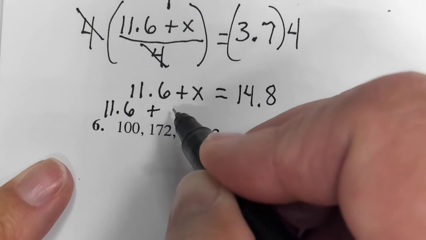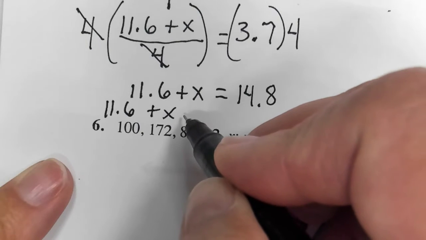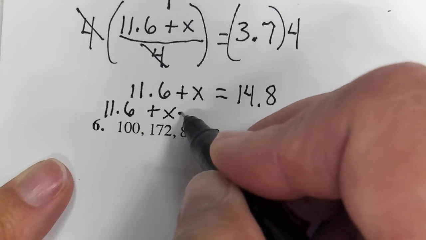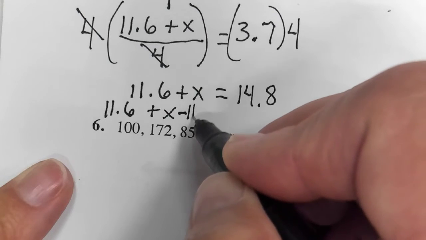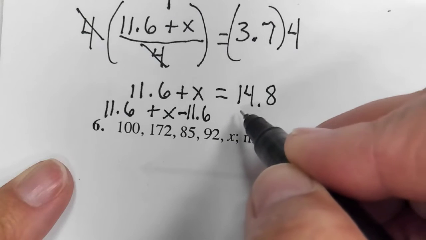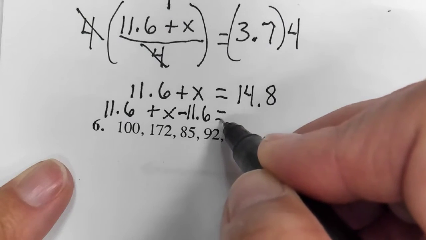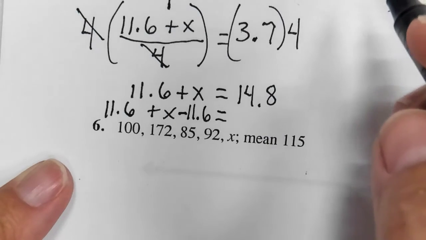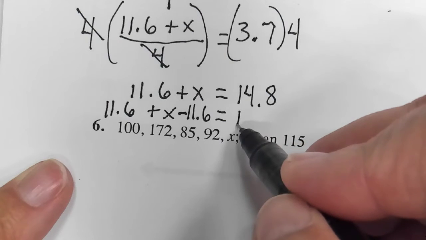And then we're going to minus 11.6, or add the opposite, either one works. And we have to do the same thing to both sides.